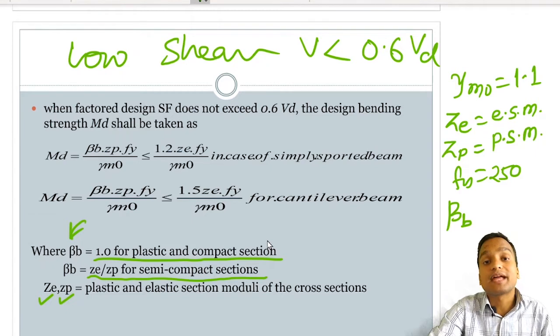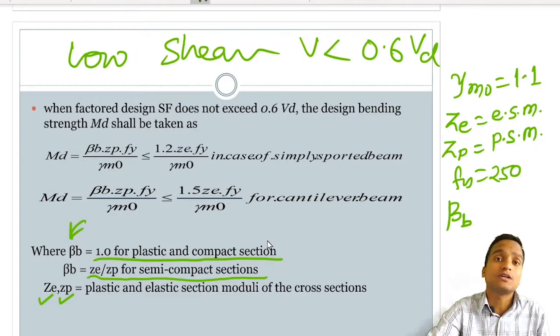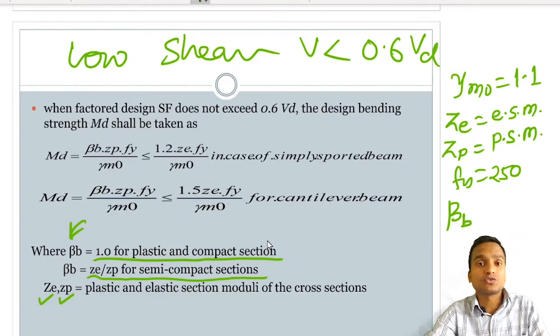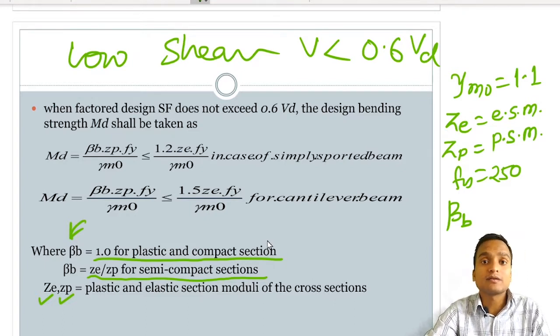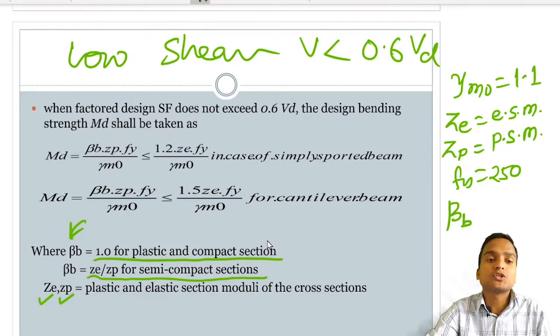And if it is a welded box section or built-up section, then we have to calculate these values of ZE and ZP. So it becomes a huge numerical and a rigorous exercise, but in examinations normally only rolled sections are given, and these values are also provided.